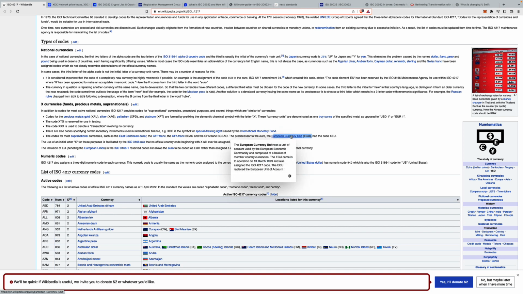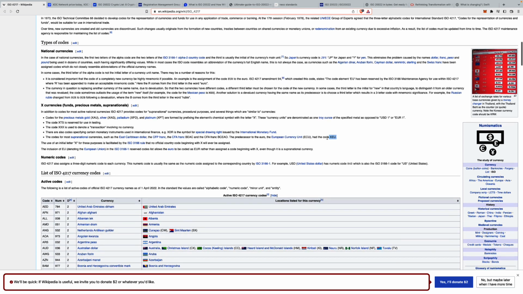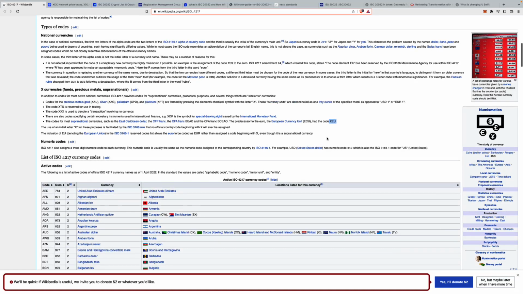It came into operation on March 13th, 1979, and had the code XEU. So as you can see, commodities and supranational currencies start with X, right? They're not tied down to one specific country or geographical location. They're borderless.